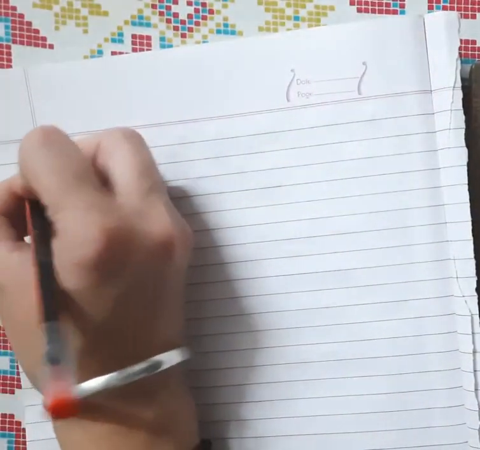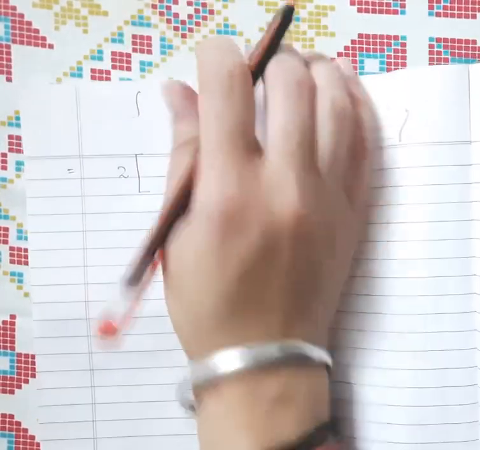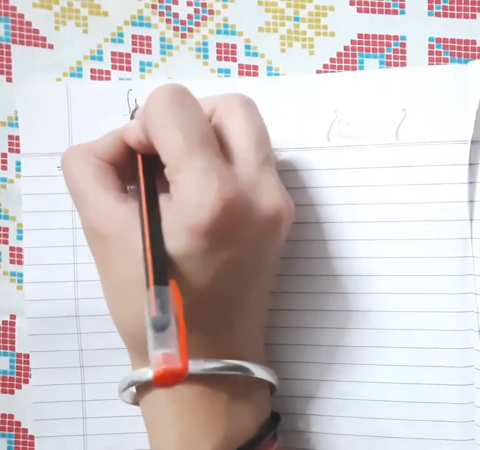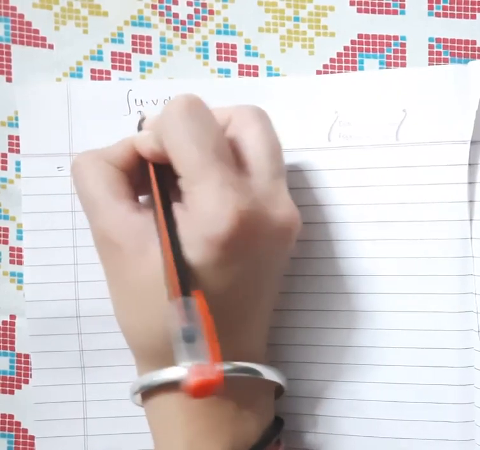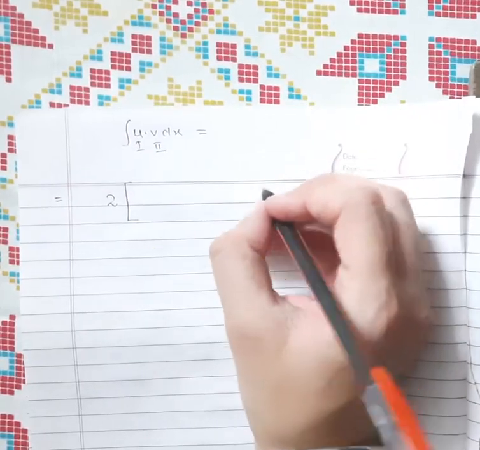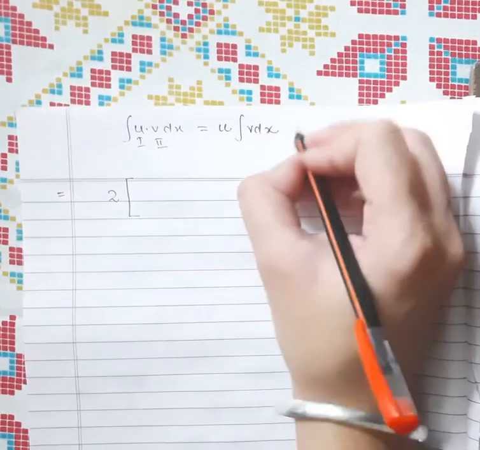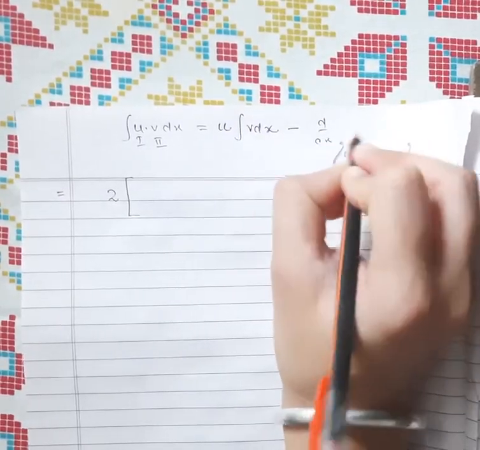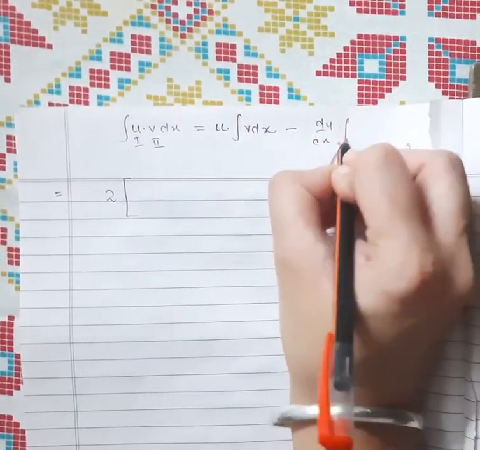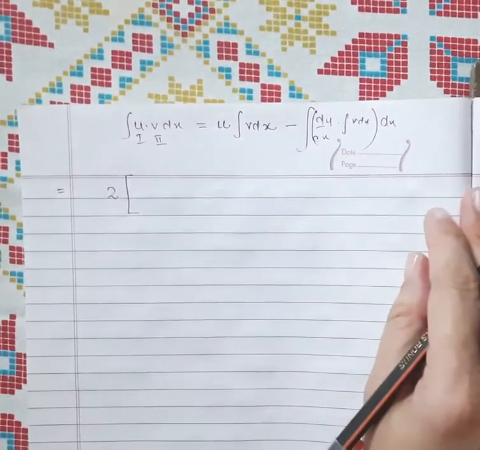So we get this is equals to 2. If you remember, let me write the formula for by parts. Let's say this is first function and second function. The formula for integration by parts is: first function as it is, integration of second, minus derivative of first function multiplied with integration of second and then their whole integration.